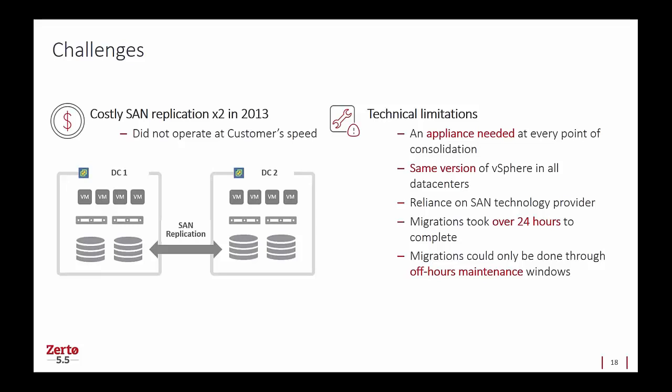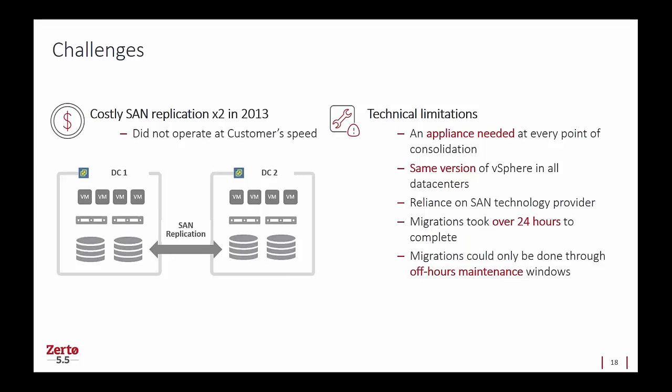Now, I mentioned that the array-based replication was eliminated from the planning stages for these guys. They did actually do 2 consolidations all the way back in 2013 with array-based or SAN replication. They had a lot of problems with it. It was extremely expensive for them.